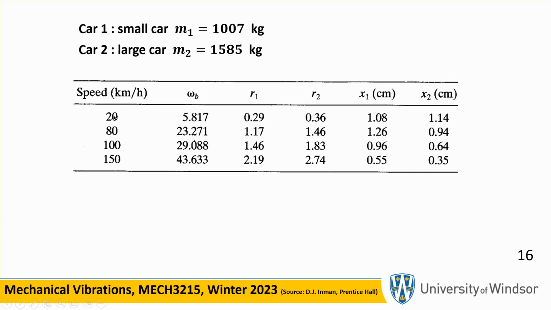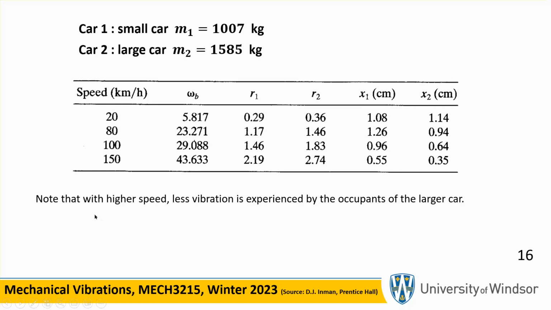And we just did that, by the way, 20 kilometers per hour for the smaller car. We came out with 1.1, which is basically a rounded value for this 1.08.